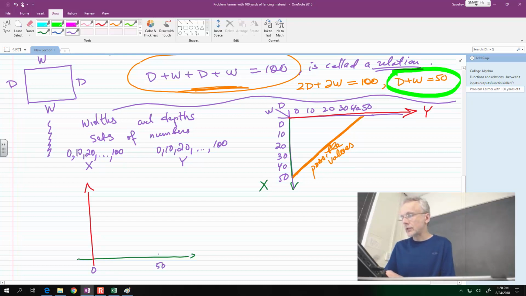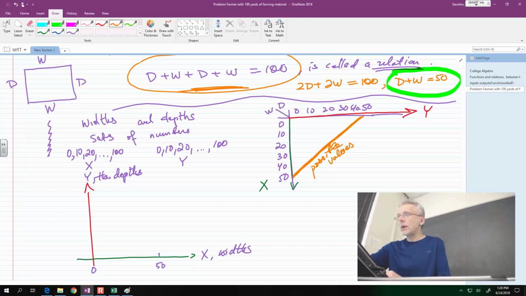This is x, but it's also the width. And the y-axis refers to the depths. Okay, and then my line of feasible choices for them is this.